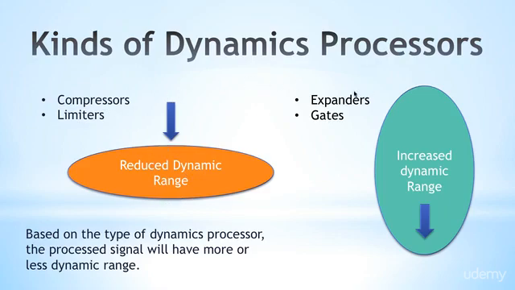Now, if we go over here to the expanders, that quiet breath at the bottom and the loud peak at the top, there's a large dynamic range there because we've run it through an expander, and the expander has taken that quiet breath and turned it down even more because we don't want to hear it. So based on the type of dynamic processor, the processed signal will either have more or less dynamic range.